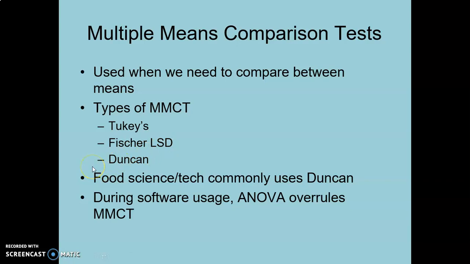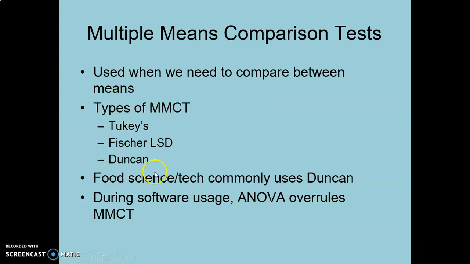So if ANOVA tells us that there is a significant difference between the means, then in order for us to determine which set of data is different from which, we need to do a multiple means comparison test. We use this when we need to compare between means.